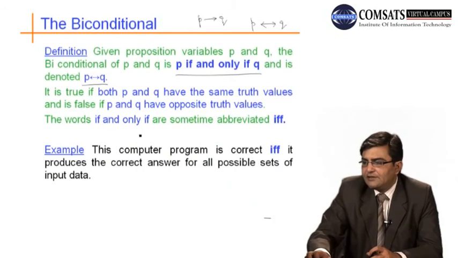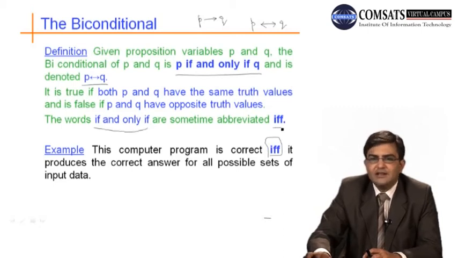Now see the previous example here. This computer program is correct if and only if it produces the correct answer for all possible set of input data.